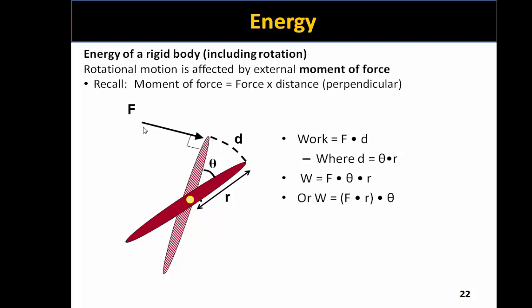And once again here, our force is being applied at a right angle to the segment. We find that a force times that distance, which is essentially the moment arm for that force, is going to be equal to the moment of force times the change in angle.